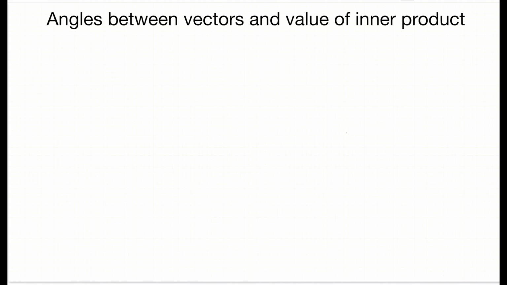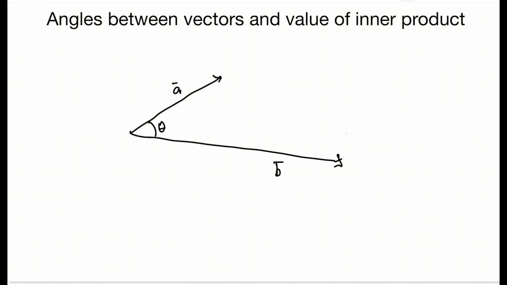Now let's look at this graphically. Here's our vector A, and there's our vector B, and then there's our angle theta between them. Now what the dot product tells us, if we go through and do the basic math of that equation we were given, is that this dot product is just this length right here.